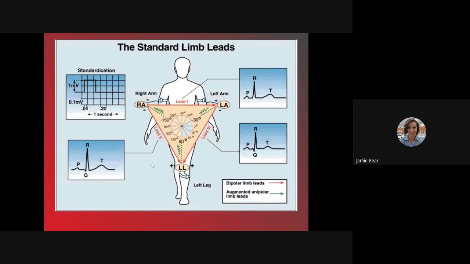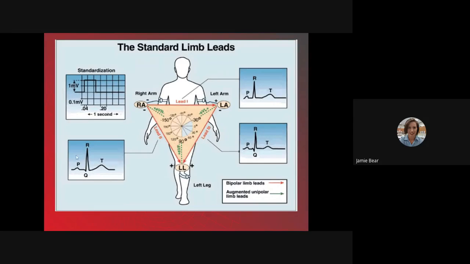Okay, so lead 2, this is what we're going to learn to read, and that's the different components of the ECG: P, Q, R, S, T wave, and back to baseline.